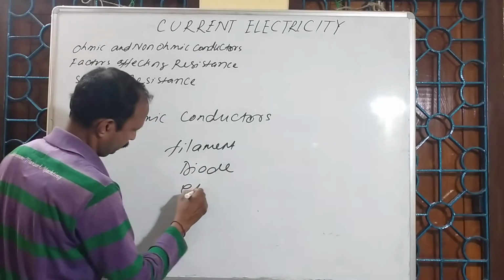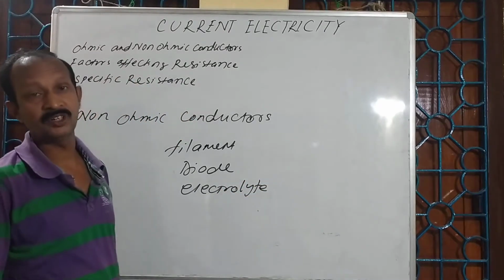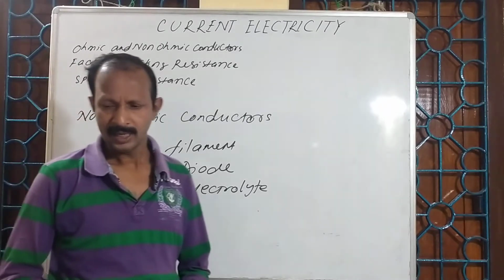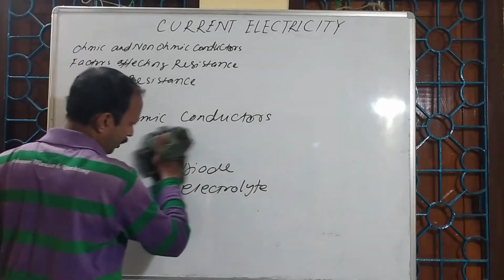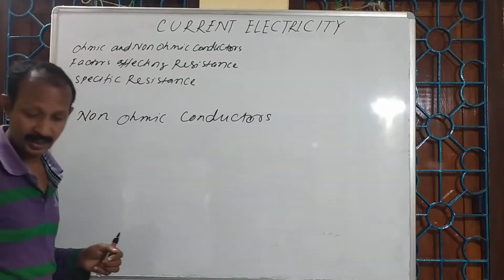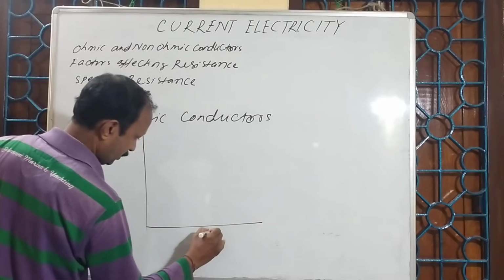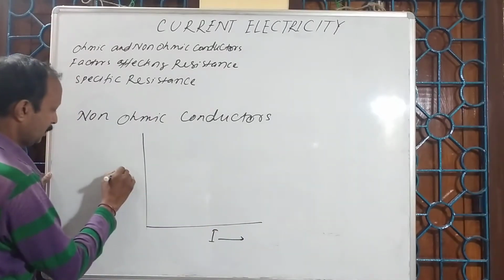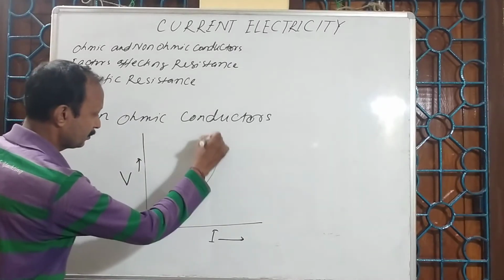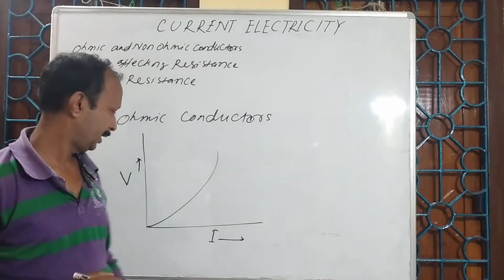These are examples of non-ohmic conductors. If I draw a graph between potential difference and current, the graph will not be a straight line. Listen carefully. Suppose this is the current, this is the voltage or potential difference. In this case, the graph will be a curved line.